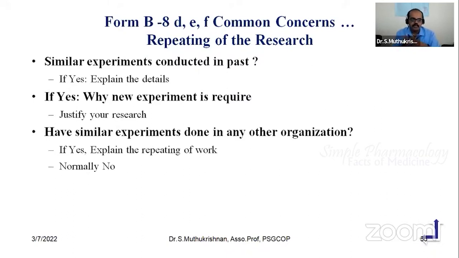Even if it is repeated work, you have to justify: sir, in previous work we have done only the basic animal studies with biochemical parameters. So for these studies we can go for the cellular level mechanism, molecular level mechanism we are going to explore. So for that reason we have to repeat the studies. For the sake of that, you have to add some basic background data and information to share with those reviewers to get an easy approval process.